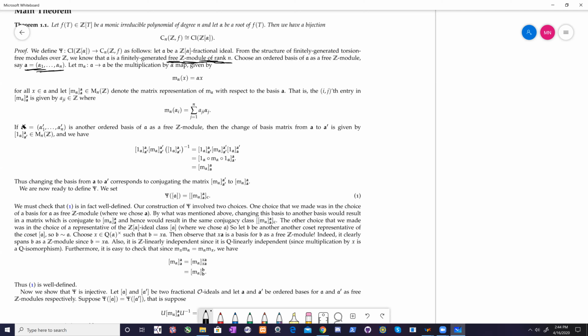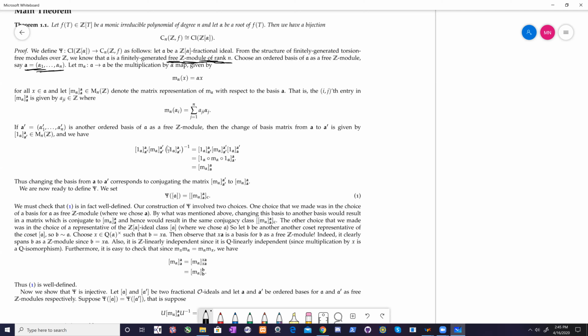If bold A prime is another ordered basis of math frac A as a free Z module, then the change of basis matrix from bold A to bold A prime is given by this, where 1 sub math frac A is the identity map on math frac A, and we're going from A to A prime. All this calculation follows from basic linear algebra.